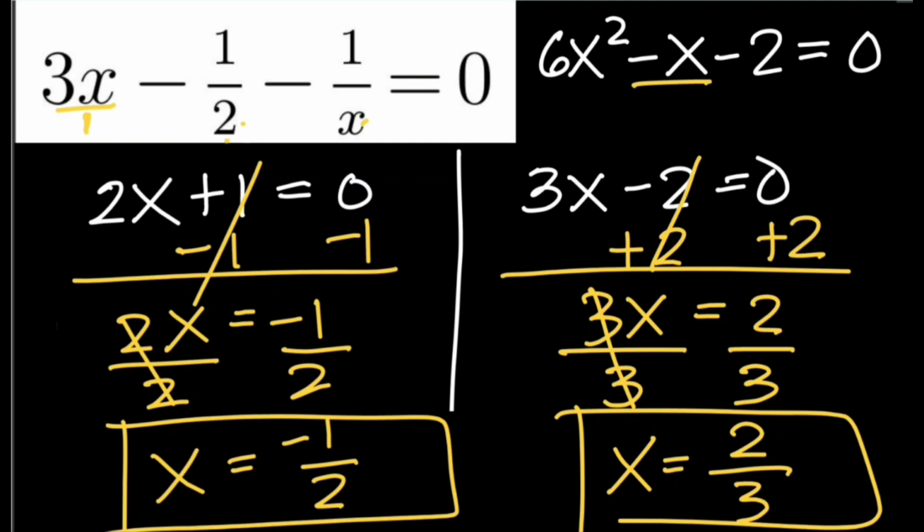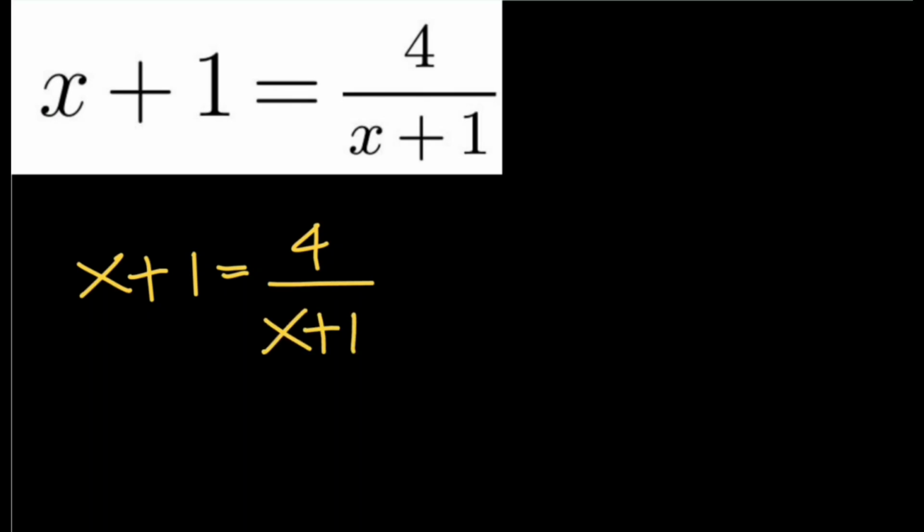Now let's solve another problem. What if we're given this equation: x plus 1 equals 4 over x plus 1? So what we're going to do here is multiply both sides by x plus 1.